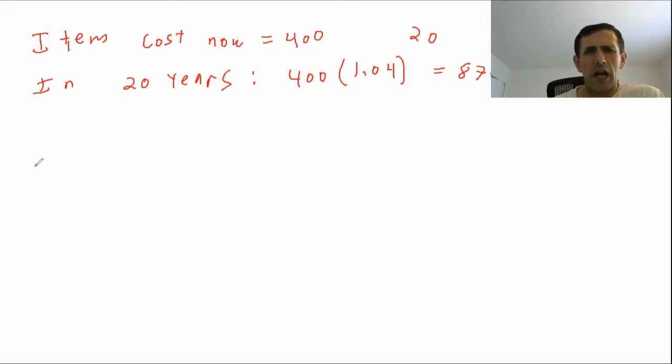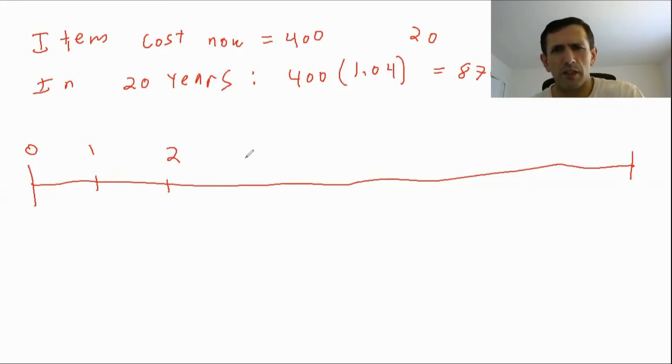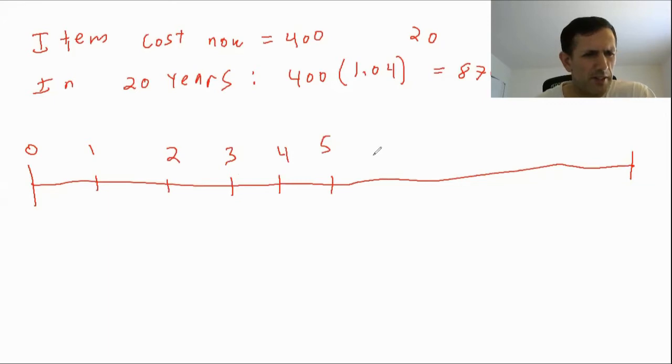Okay, so let's just draw a timeline of the whole situation here. That's good enough. So there's 20 years: 0, 1, 2, 3, 4, 5, and let's keep going until 9.